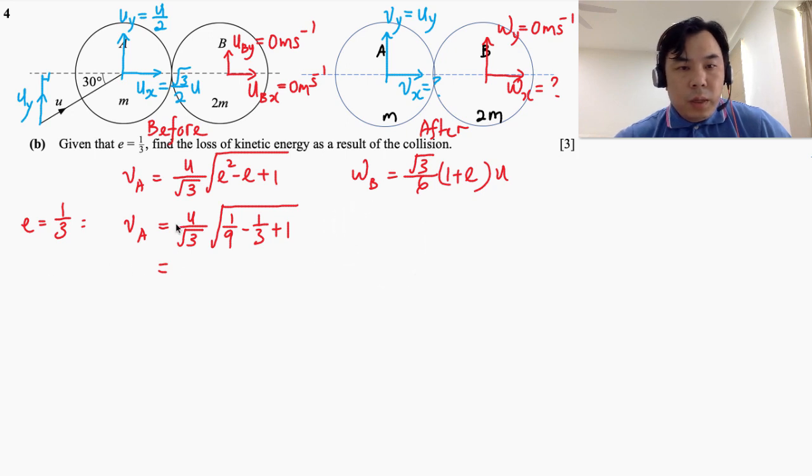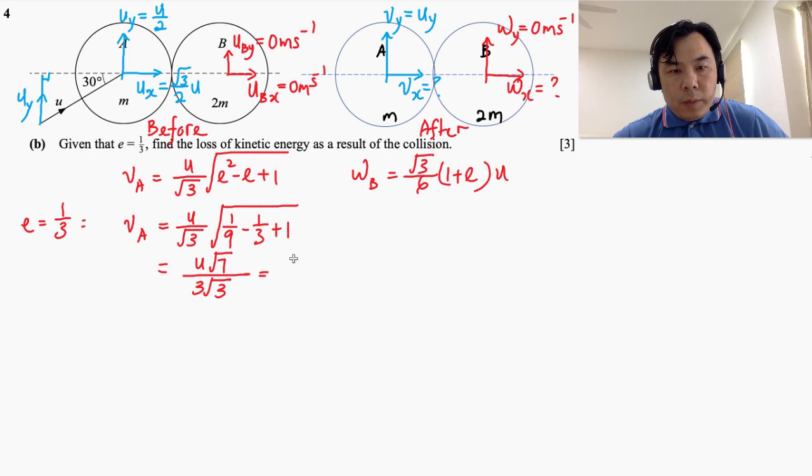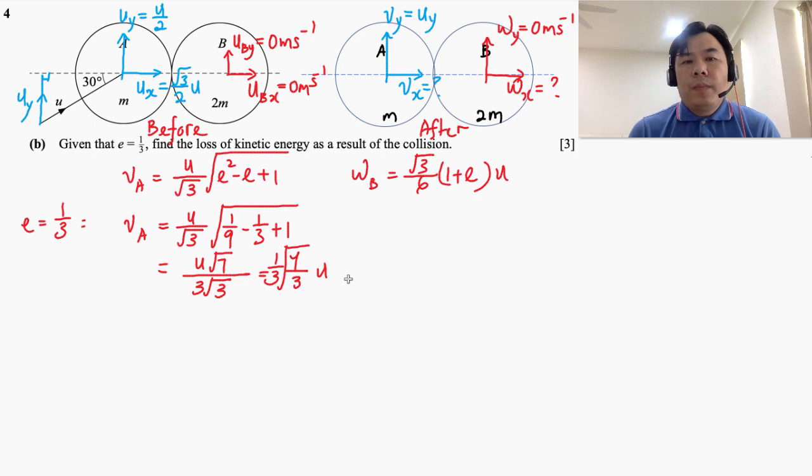Root 7 over 9. And then that would be, so it would be u root 7 over 3 root 3. Okay. Or you can actually write it down as 7 over 3, 1 over 3 u then. Okay.